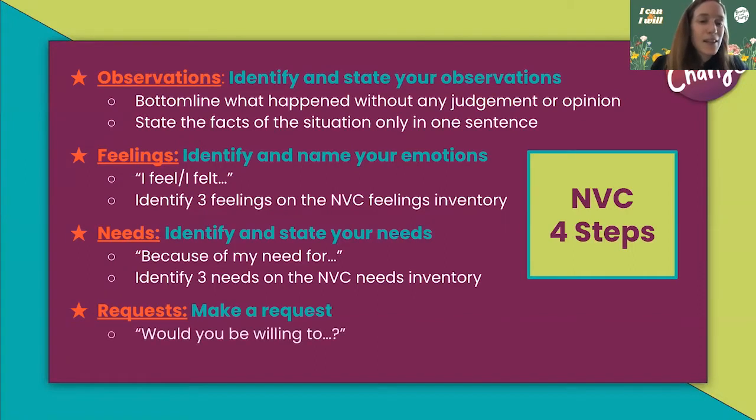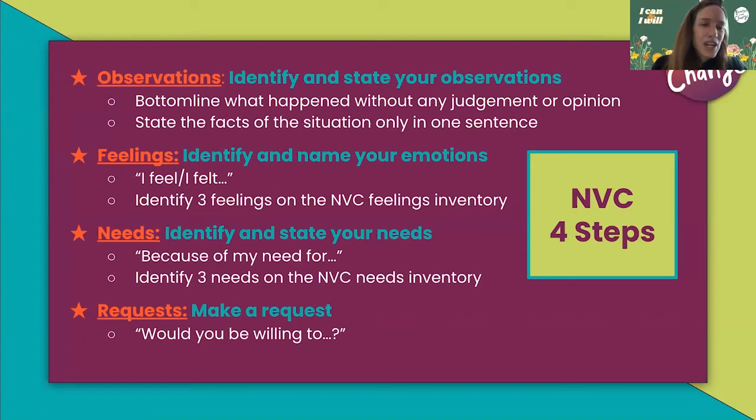So that might look like, yesterday when you were 10 minutes late and didn't text me or call me to let me know, I felt frustrated, upset, and confused because of my need for communication, authenticity, and respect. So would you be willing to be 5 minutes early to our future meetings? And if you can't do that, text me and let me know. So that's an example of a request.